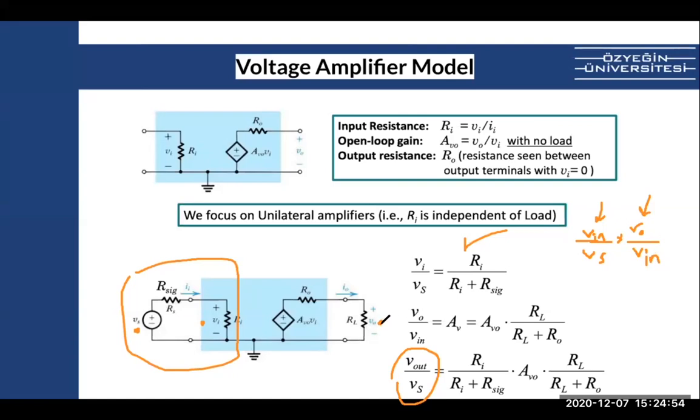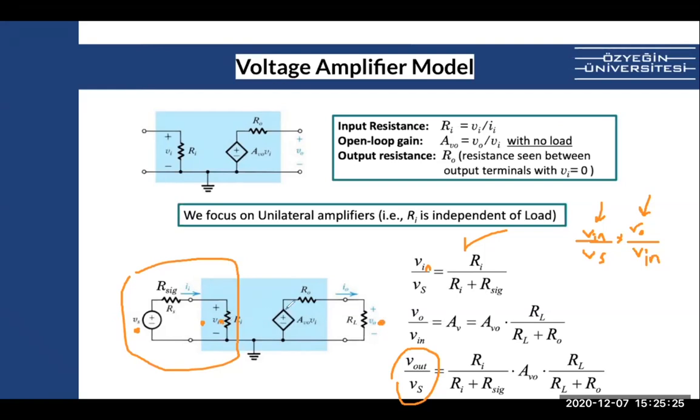So V out over, well, it keeps saying V in. So this is V in, okay? So it is the open loop voltage times a resistive division again. So this one is V out and this one is V in.